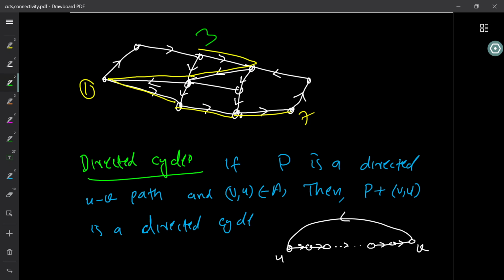This is basically a directed path because no vertex is repeated, and you can see that it's basically like a walk, but the arcs are in the correct orientation.